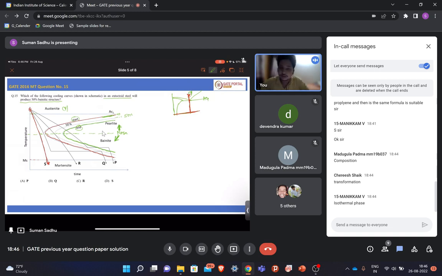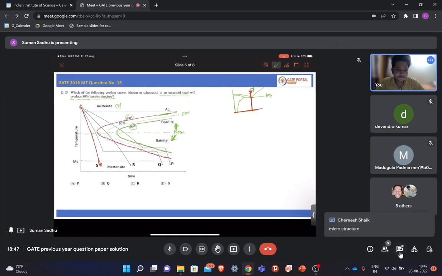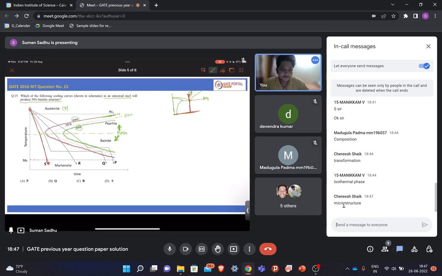What is the difference between pearlite and bainite? Both are mixtures of ferrite and cementite, right? But what is the difference? Microstructure, right, but what kind of difference in the microstructure?